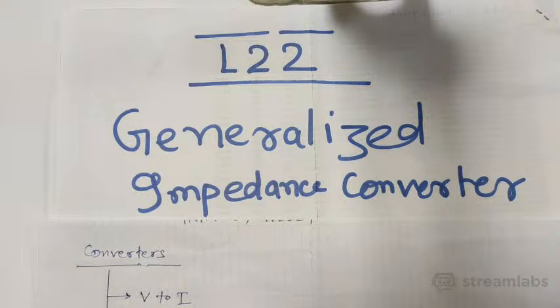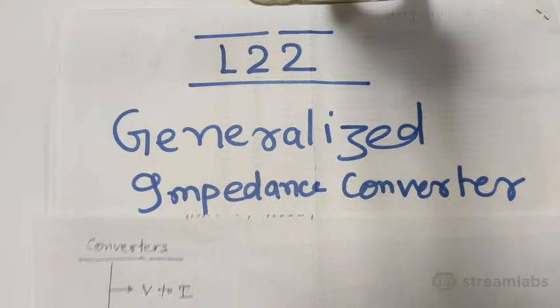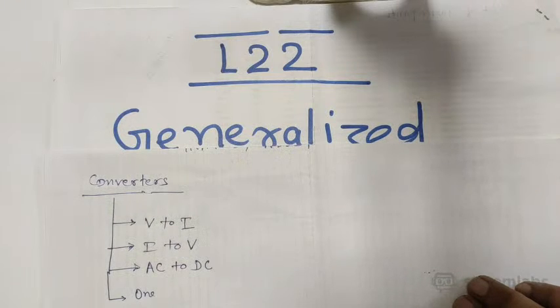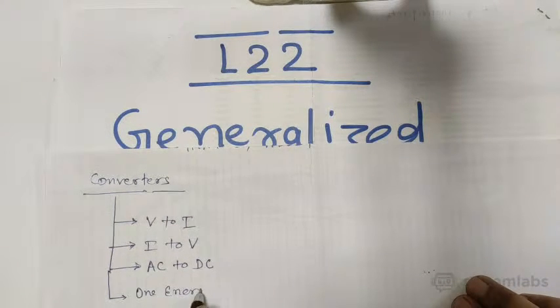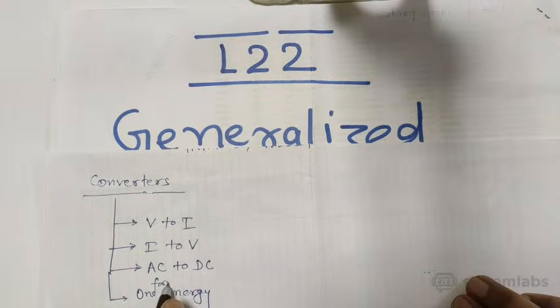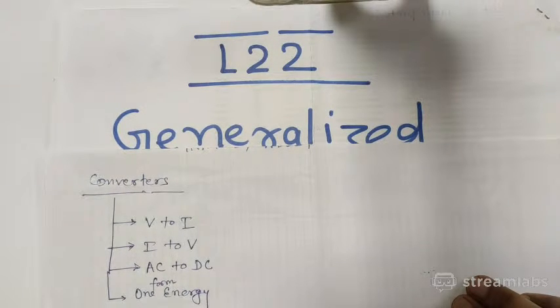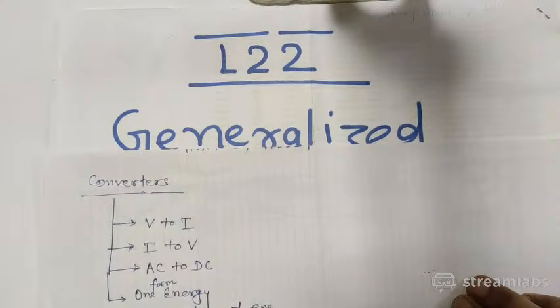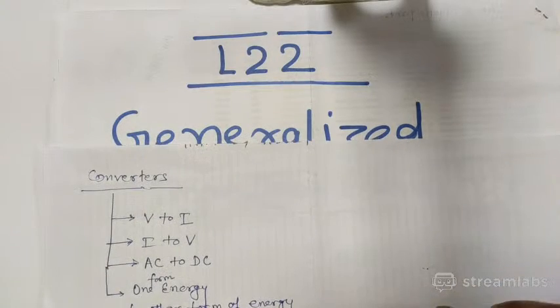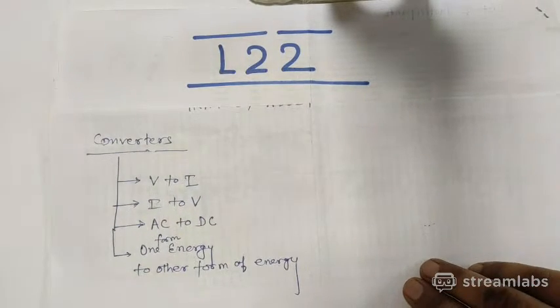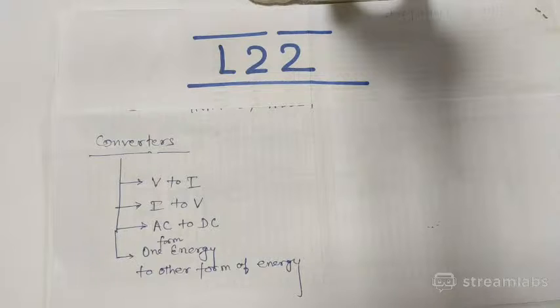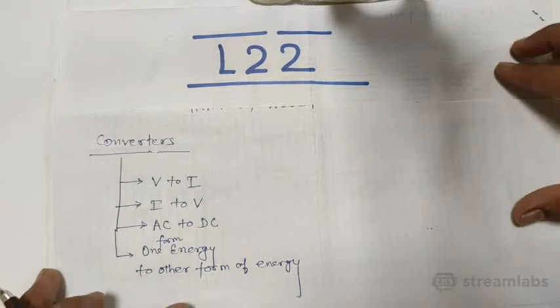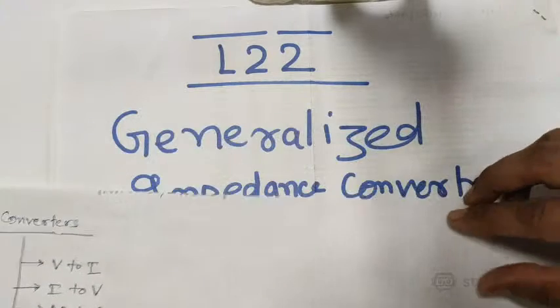In other subjects you might have studied AC to DC converter, and there are many converters from one form of energy to another form of energy. Sometimes we convert mechanical energy into electrical energy, or electrical to mechanical. So there are many converters, and converters are very useful. And today I am talking about an impedance converter.